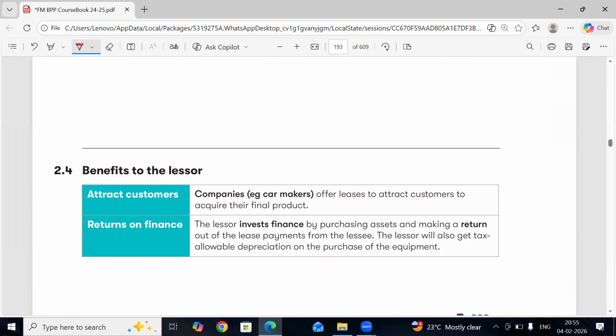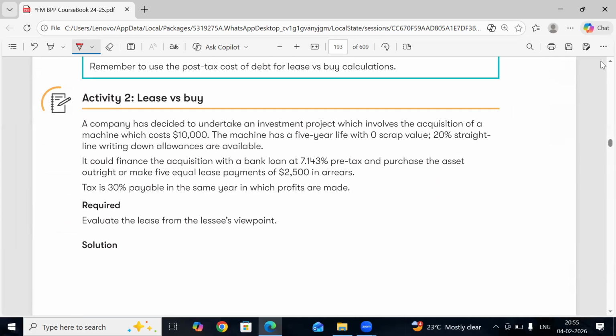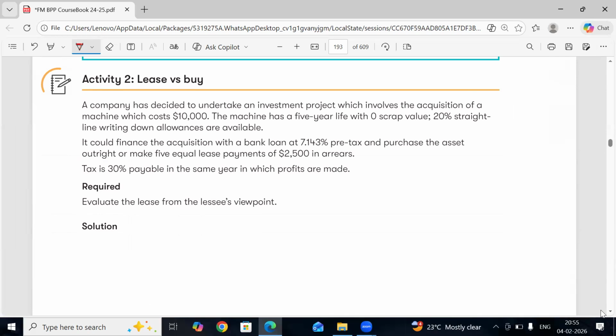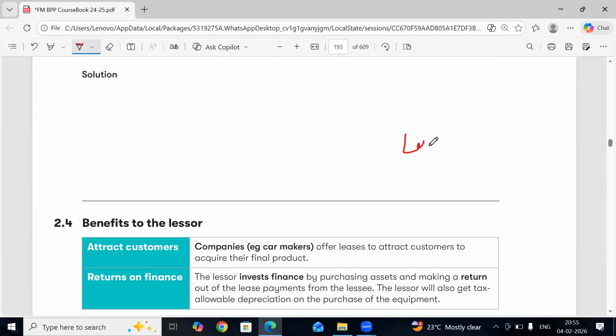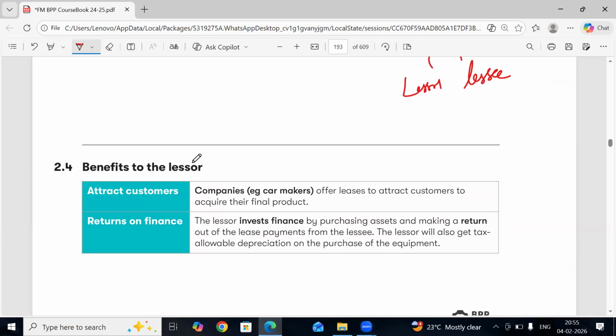So here, benefits. See, we were doing lease versus buy. There are two parties, one is lessee, one is lessor. Now, benefits to lessor: attract customers.